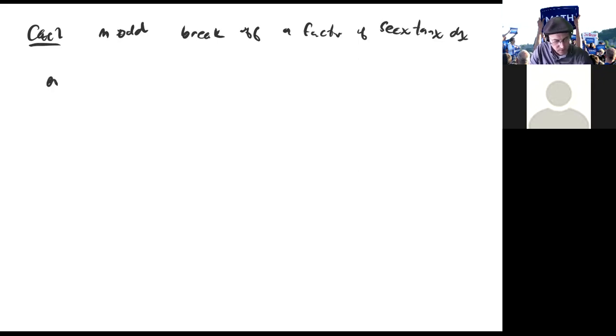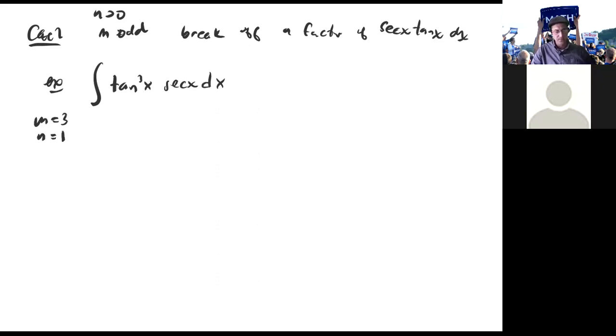Let's do an example. Here I'm assuming n is greater than 0 for this to work. So let's consider the integral of tangent cubed of x times secant x dx. This is the case where m is 3 and n is 1, and that fits this case.